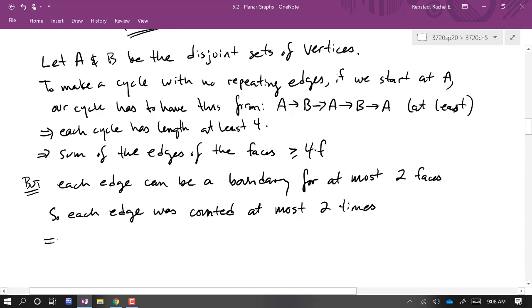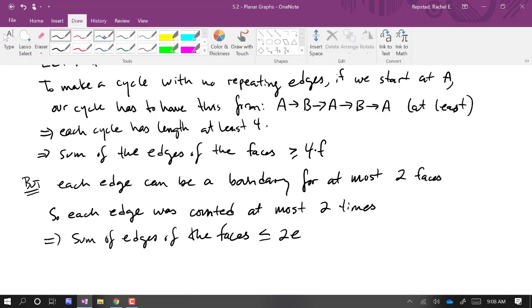So if I've counted each edge at most twice, then the sum of the edges of the faces can't be any more than twice the number of edges. So now let's look at these inequalities that we have, right?